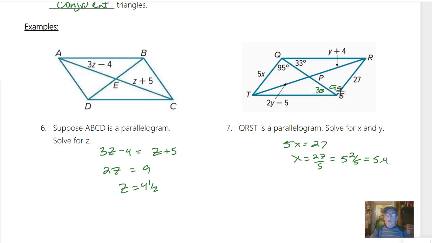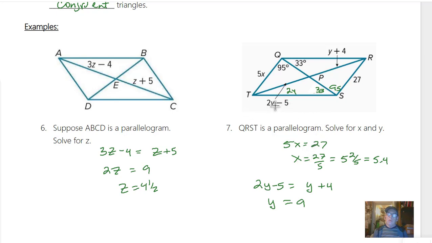And for the y, this QS diagonal bisects the TR diagonal. So 2y minus 5 must equal y plus 4. Take away y from both sides, and add 5 to both sides, y equals 9. So this is going to be 18, this is going to be 24.